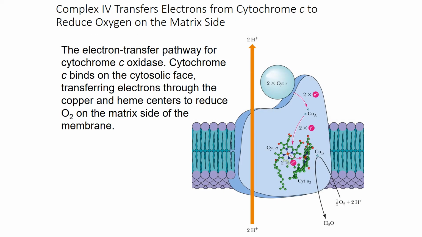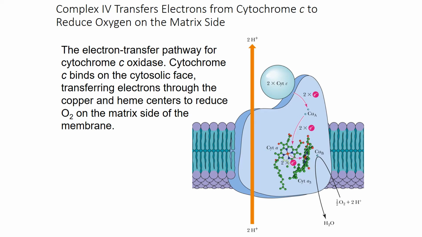Finally, we're going to look at complex 4, which also transfers electrons to cytochrome C and is also responsible for reduction of molecular oxygen. So we have the transfer of electrons to cytochrome C. This is a water-soluble molecule, so it can diffuse through the intermembrane space to complex 4.